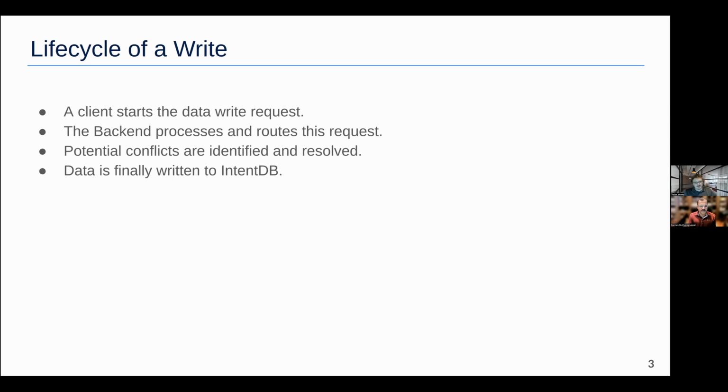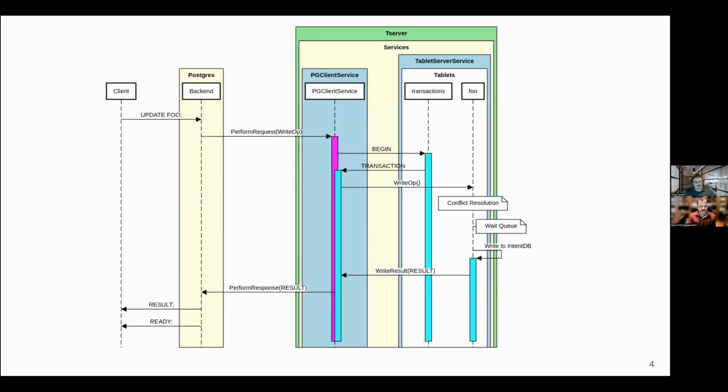So just to get an idea of that, say we do an update on the table foo. The Postgres backend will send that write request to a T server, which will begin a transaction, route a write operation to the correct tablet, where it will do conflict resolution with potentially conflicting transactions.